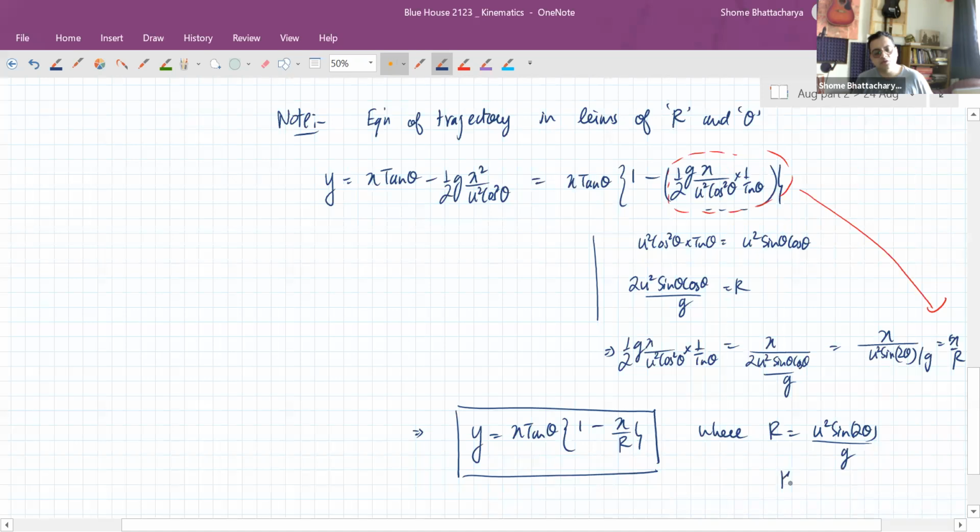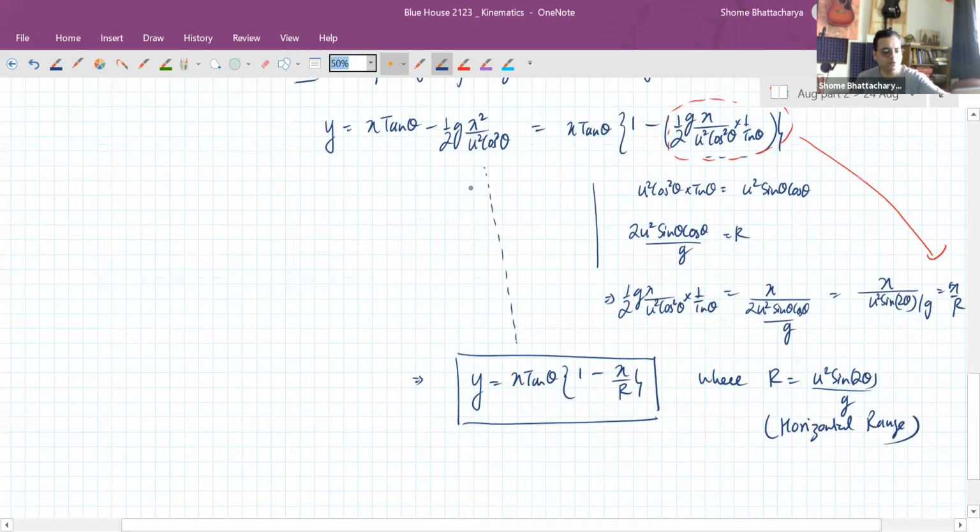So this is another way of expressing the equation of trajectory, instead of such a complicated equation as x tan theta minus half gx square upon u square cos square theta. It can be simplified and written in terms of range: x tan theta, the whole thing multiplied by 1 minus x by R.